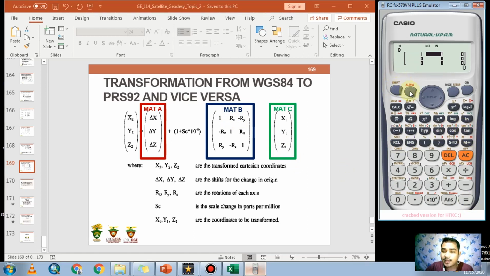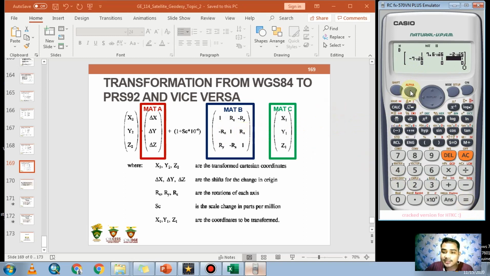Alpha F equals, no? Sunod, negative RY. Negative, ang atong RY is naa sa memory E. Alpha E. No? So, pinadayon siya. Next is negative RZ. Negative RZ, ang RZ is naa siya memory F. Then 1. Then RX.